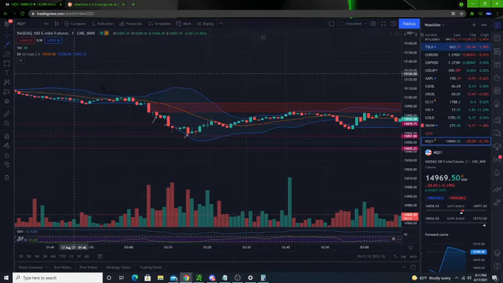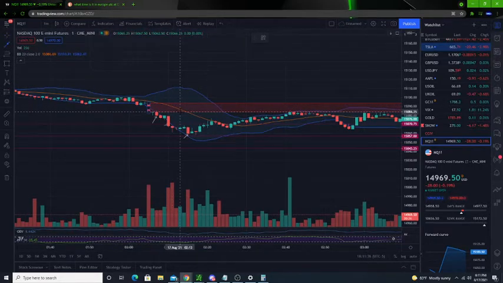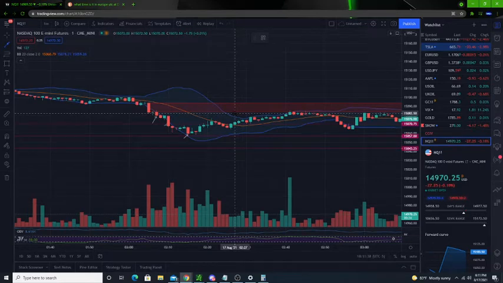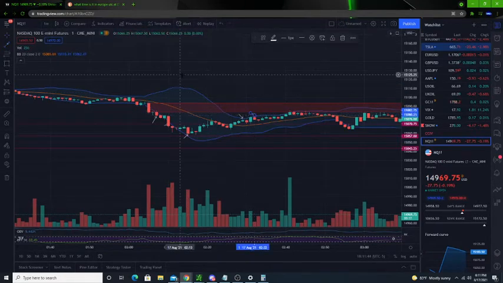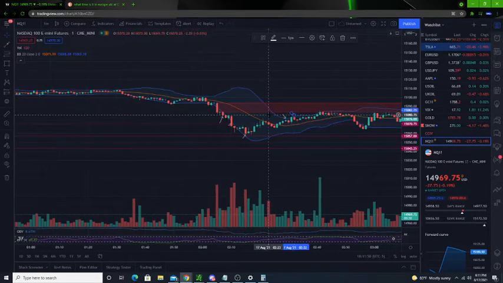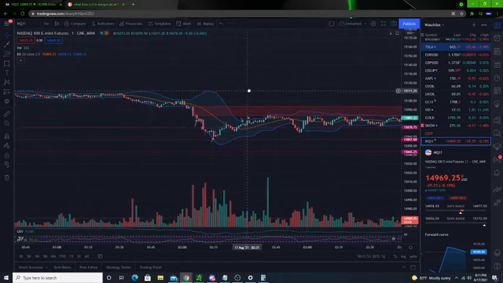So instead of having your stop loss at break even here, your stop loss would now become here. You could make it here. Or if you forget, you still have your original stop loss here. That's how this trade would have worked.